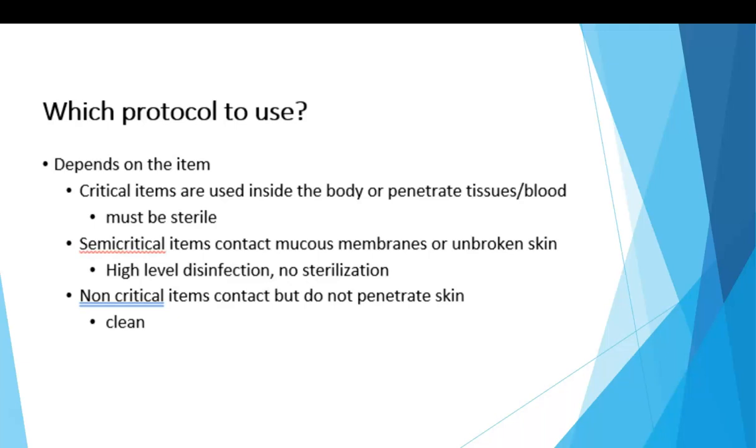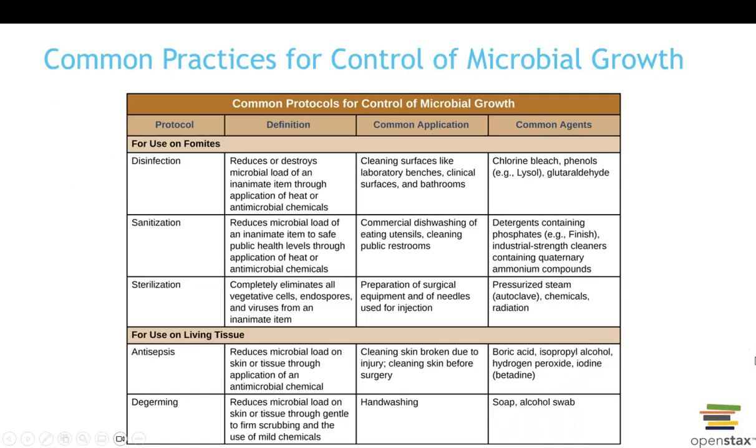They are just in contact with your body, but not with your mucous membrane. This is a nice summary table for you to study the different techniques we use for the control of microorganisms on fomites and living tissues.